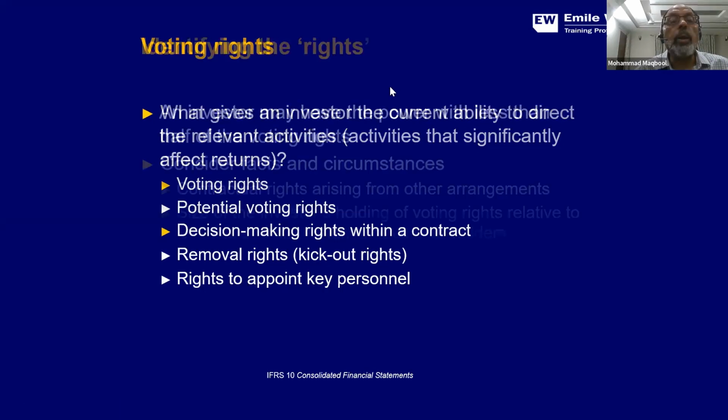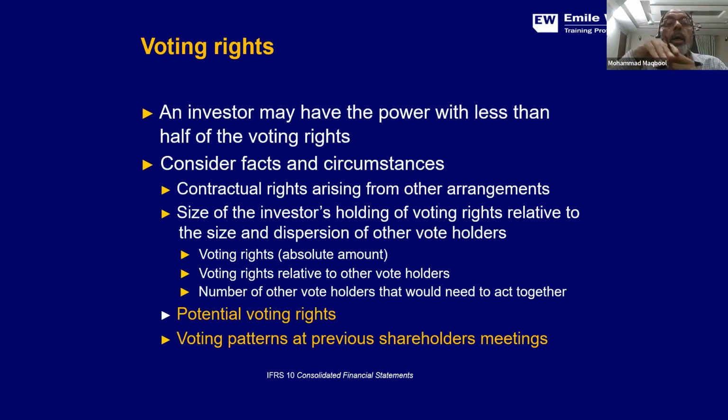So here, on voting right: the investor may have power with less than half of the voting rights. It's not necessary that the entity which has control should have more than 50% of the voting rights.